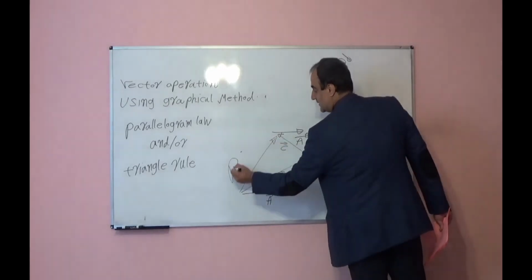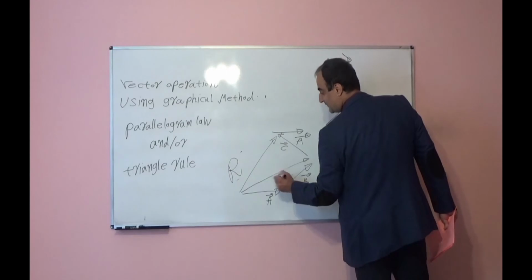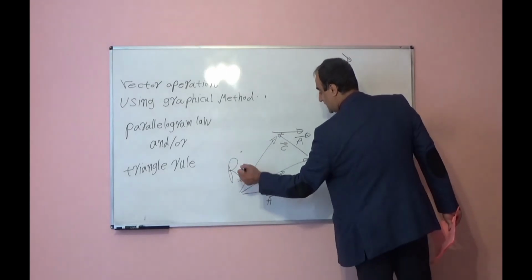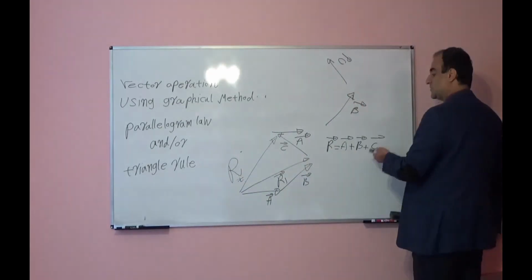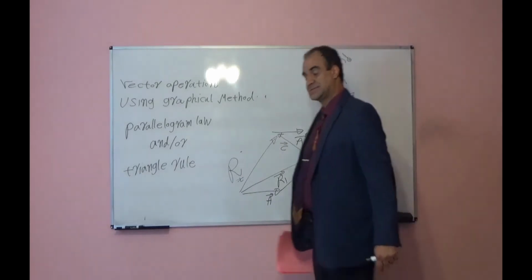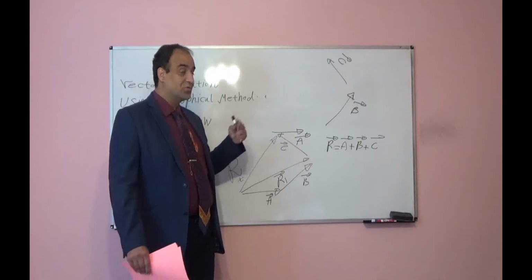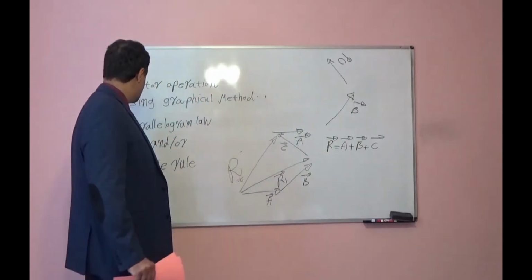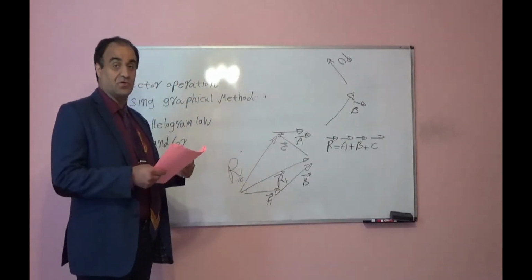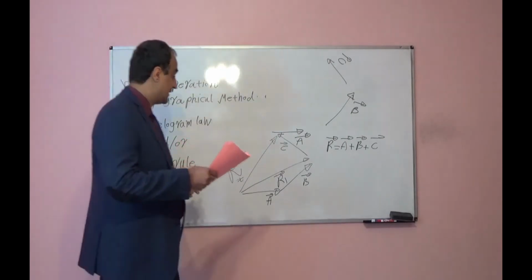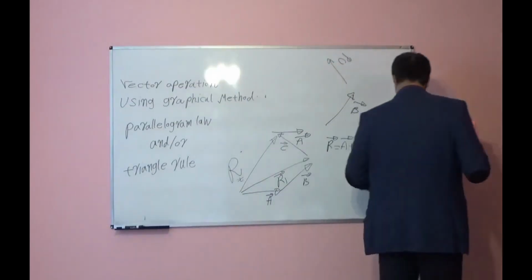This will be, for example, R1. This will be R total. It means vector A plus vector B plus vector C. So even if you have hundreds of vectors, 2 by 2 you will add them together and follow the triangle rule or parallelogram law. Here are other things I should review.